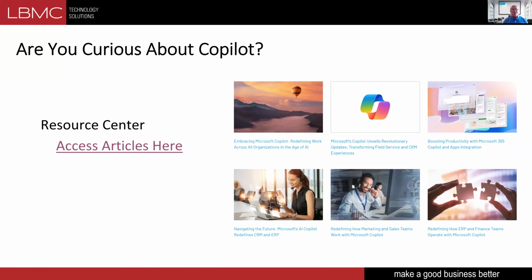If you're curious about Copilot, that's a big thing now. That's the biggest and latest and greatest, which is the artificial intelligence. It's like ChatGPT, but Copilot is Microsoft's product, although they own a good amount of the ChatGPT company. Copilot is native. It's built into Business Central and has been for a year.